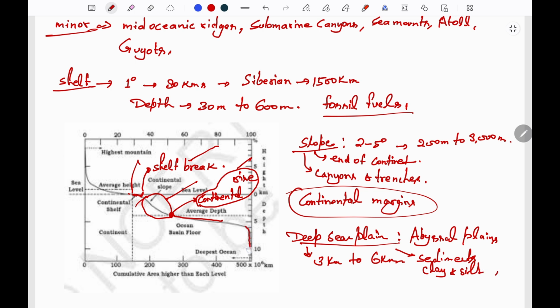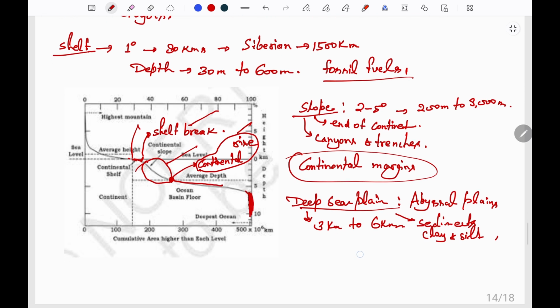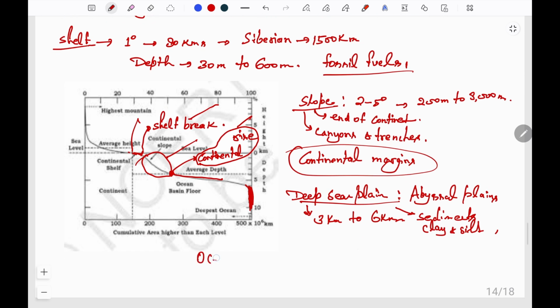Now here come the oceanic deeps. These are the deepest parts of the oceans, and they are around 3 to 5 kilometers deep from the sea plains.